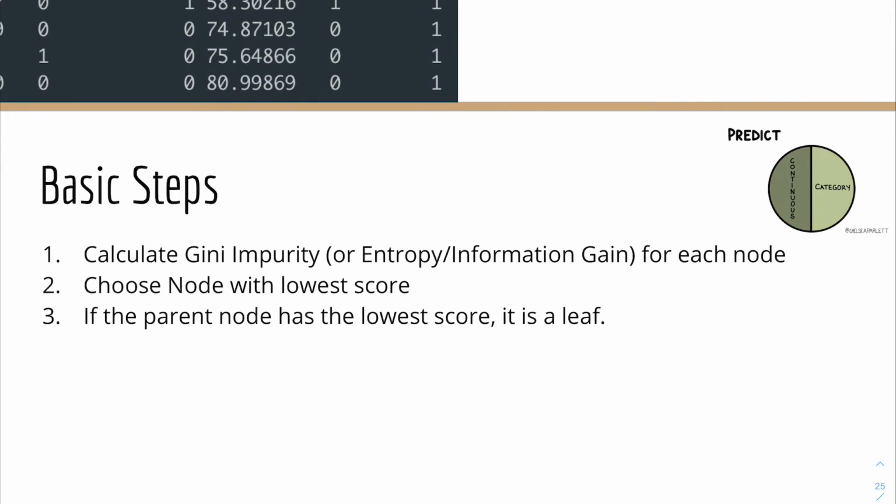There's actually multiple ways to calculate how well a decision or a split classifies a category. The other way is something called information gain or entropy. And when you see how we build these models in sklearn, you'll be able to choose which one you want your decision tree to use. And just remember, entropy is essentially a measure of chaos and disorder.